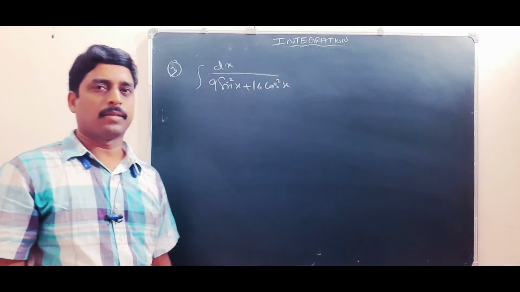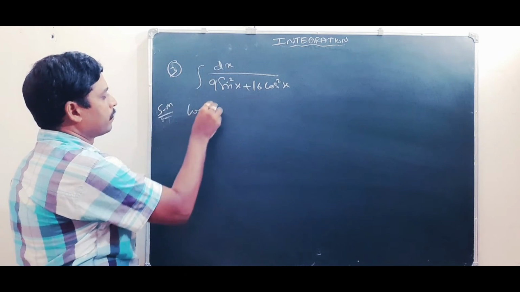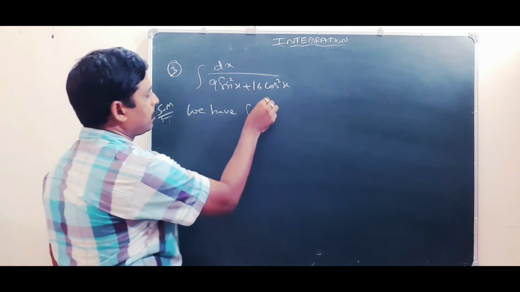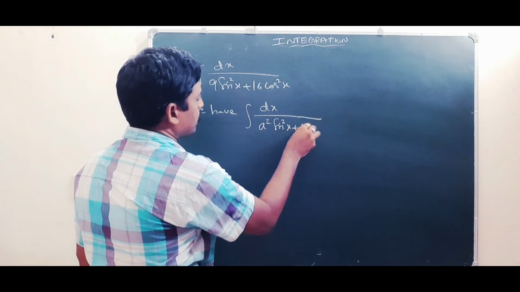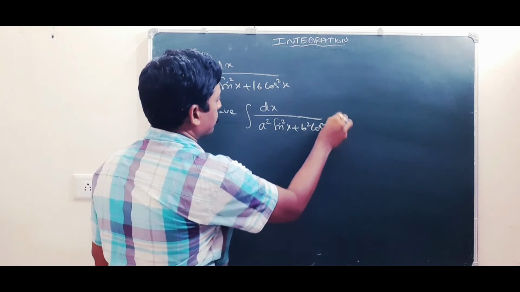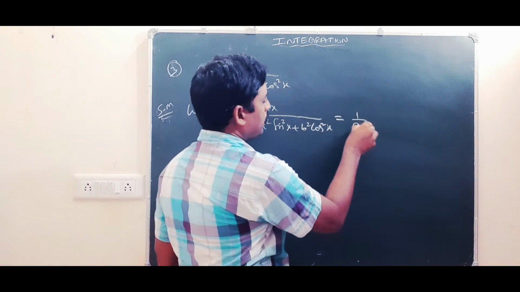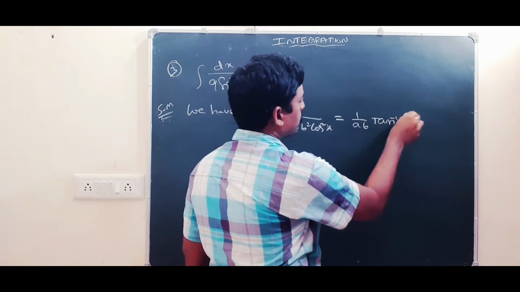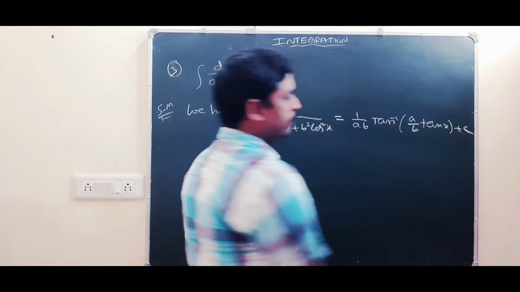Okay, now I will explain the other shortcut method. We have integral dx by a square sin square x plus b square cos square x. It is going to be 1 by ab times tan inverse of a by b tan x plus c.